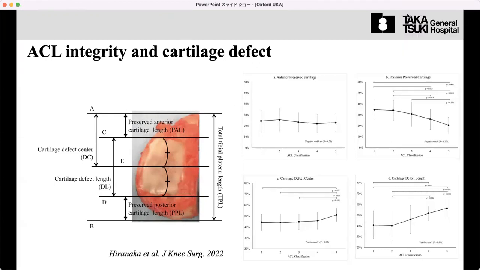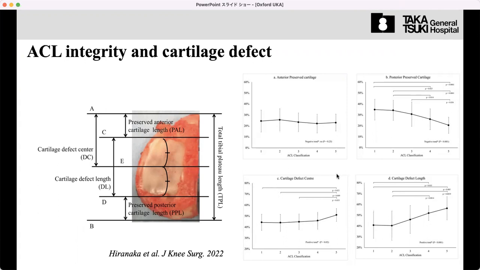This graph shows the relationship between the integrity of the ACL and cartilage status. As the cartilage damage increases, the preserved posterior cartilage can be shortened.